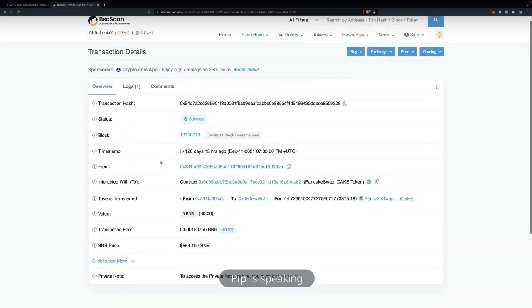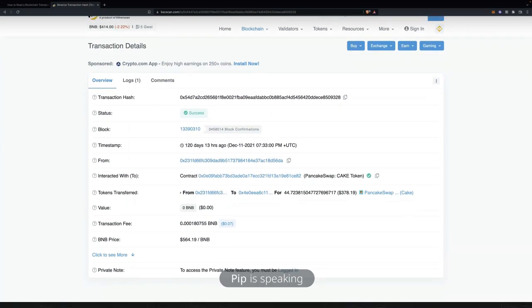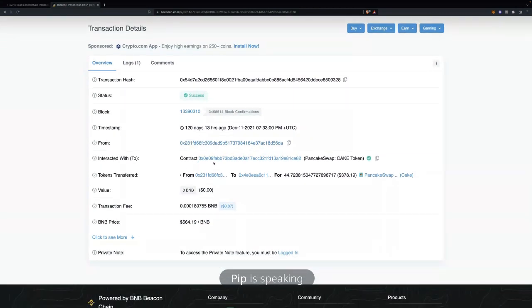Okay, in this case, again, transaction hash, status success, block number, how long ago? 120 days and 13 hours ago. From which address? Still the same address. Interacted with this particular contract, which, by the way, is the cake token of PancakeSwap.